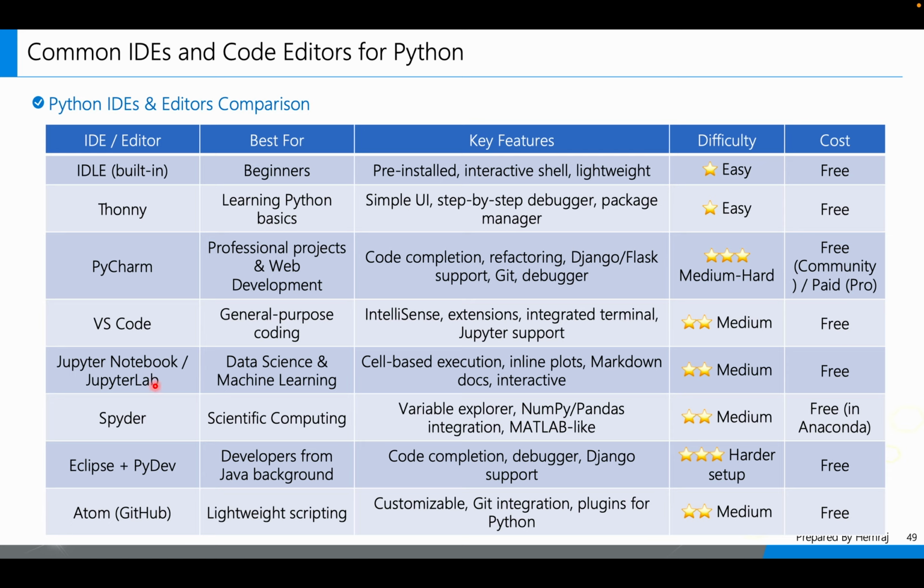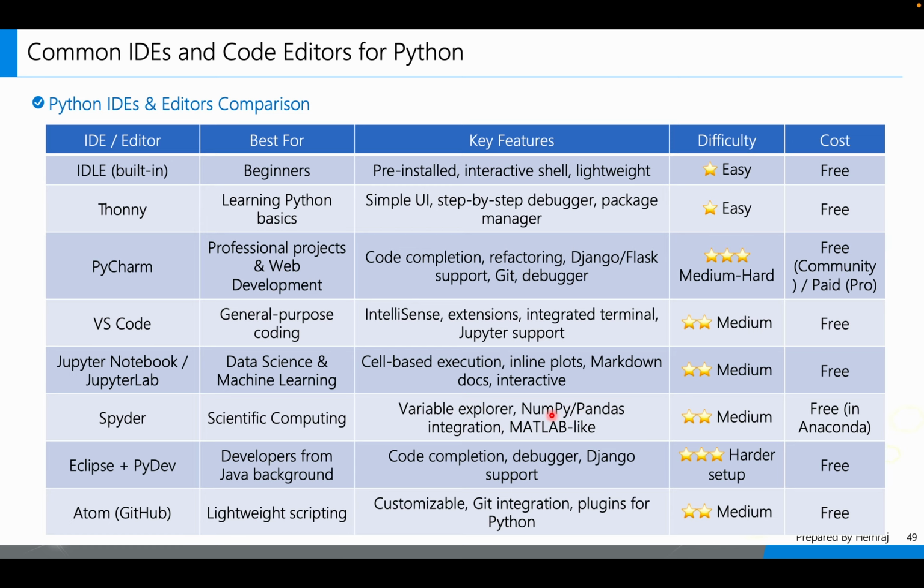Jupyter Notebook and Jupyter Lab are best for data science and machine learning. Key features: cell-based execution, inline plots, markdown, docs, interactive, right? Medium difficulty, free. Spyder: best for scientific computing. Key features are variable explorer, NumPy.